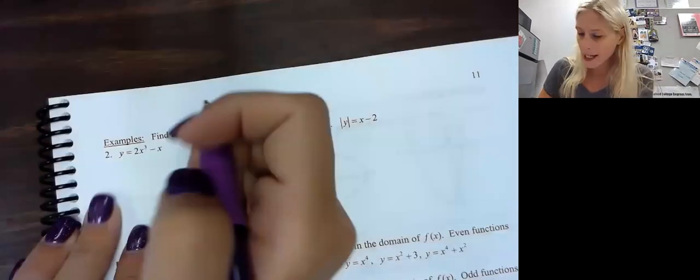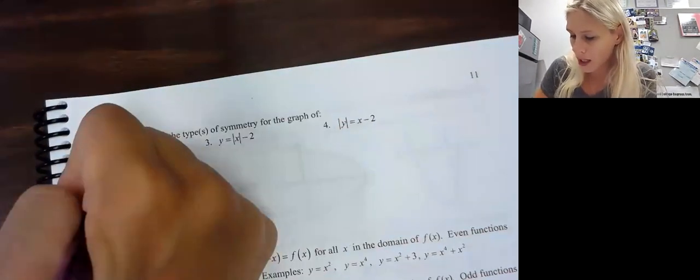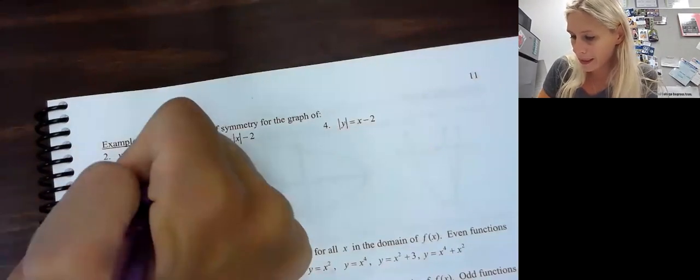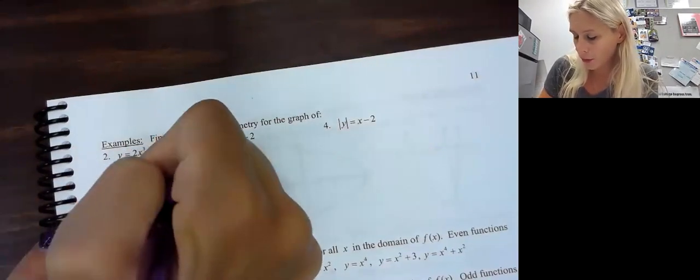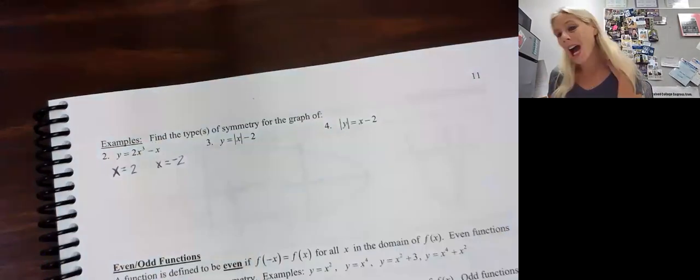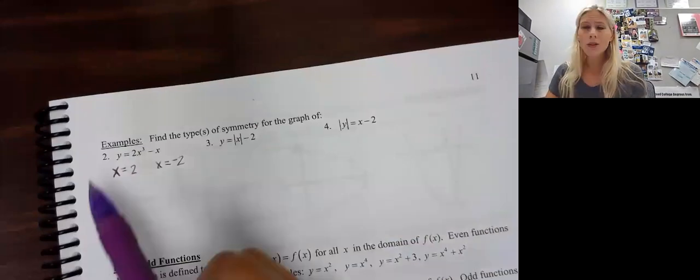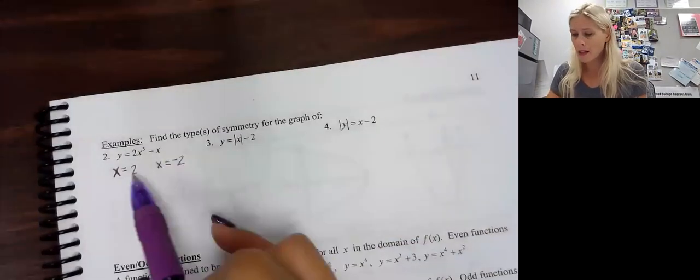So I'm going to check if x equals 2 and x equals -2. Now again, this doesn't say calculator or non-calculator, so I want to make sure that I'm able to do it in both situations. So 2 is something I can do in my head.